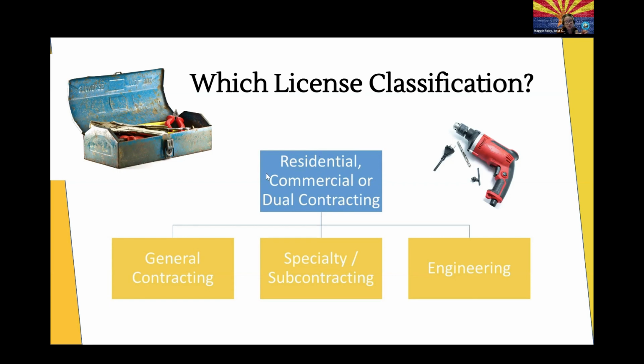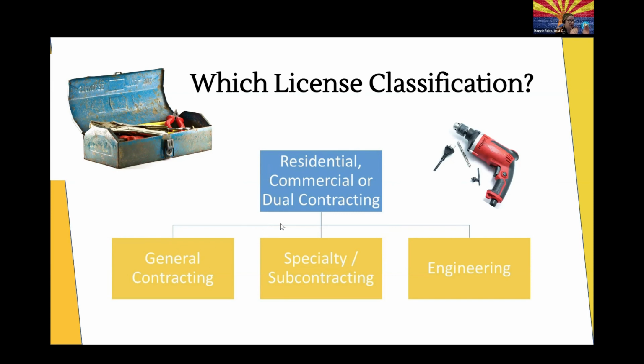That is when you give us the information pertaining to your scope of work, what kind of work you're going to be doing, and then we give you a suggested classification that we feel would best fit your scope of work. If you feel that a certain classification is yours, then please apply for it.